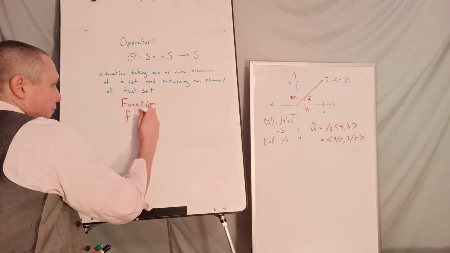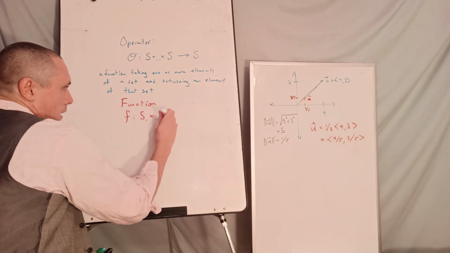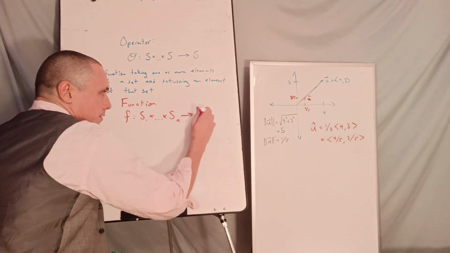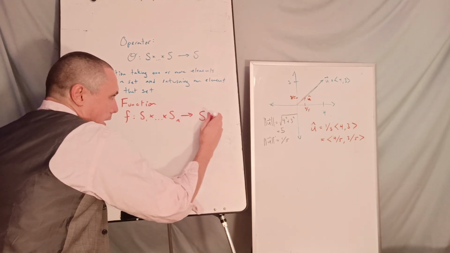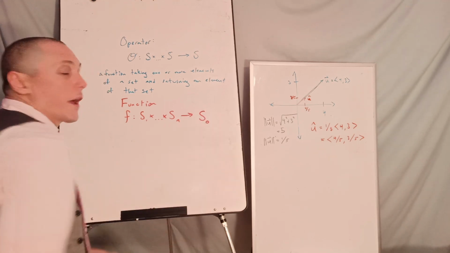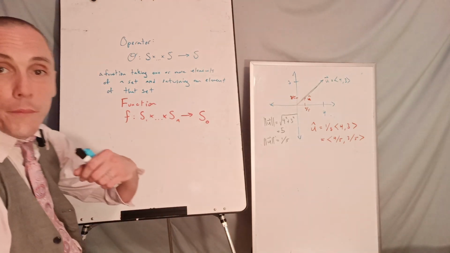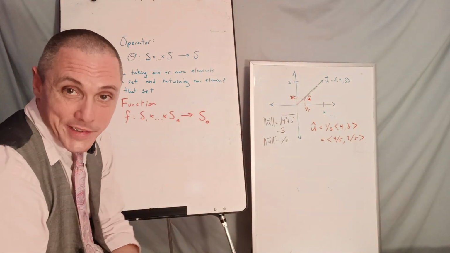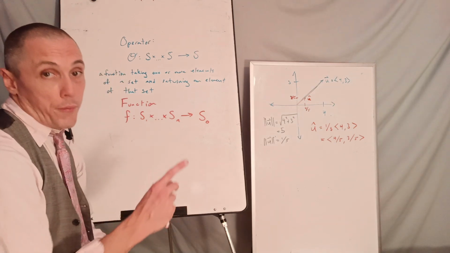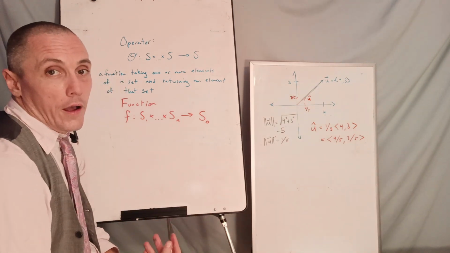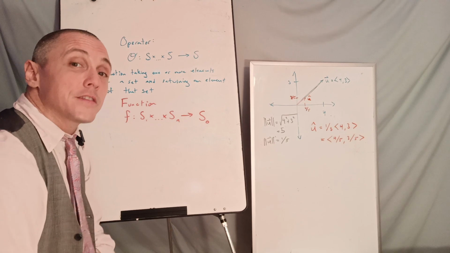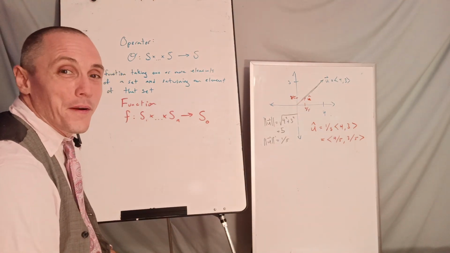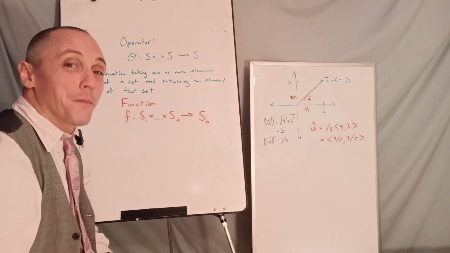A function f takes sets of perhaps many different kinds and returns another set, maybe of some different kind. There's no requirement about the inputs and outputs other than, of course, your old vertical line test, the idea that there can only be one output for a single input. If it is more general than that, it's called a relation or a multi-valued map or any number of other ways we could get more complicated than that.